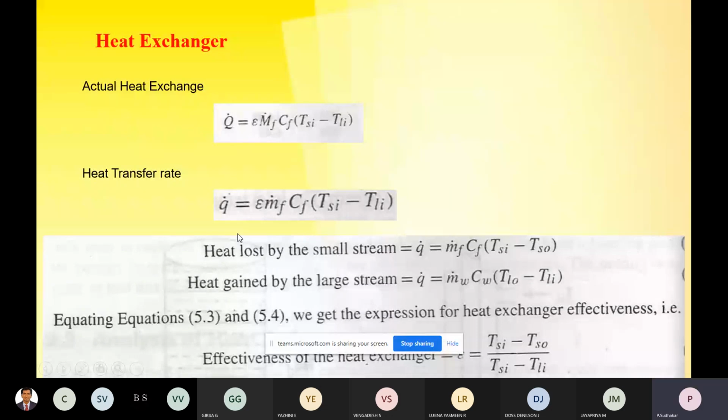The hot water available at TSI will cool down to TSO during its flow in the heat exchanger, while cold water available at TLI from the storage tank will be heated up to TLO.